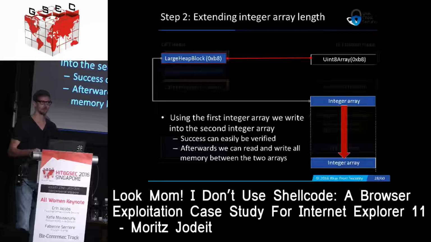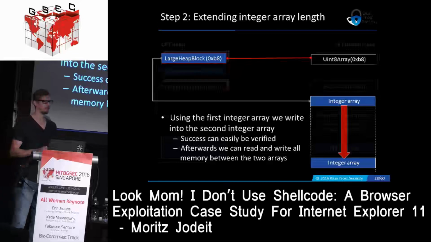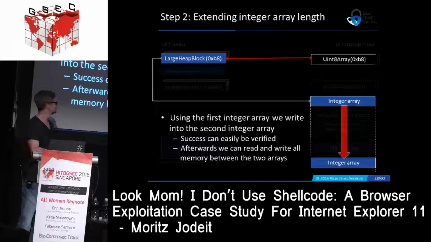And we are doing that in order to not corrupt any unrelated memory, to not cause any crashes. And also it gives us the ability to see if everything worked. Because you can easily check the element of the second array, and if you successfully modified that element, you can be sure that from that point on, we are able to read and write to all this memory between these two integer arrays.